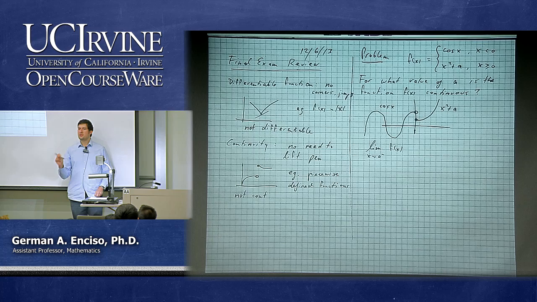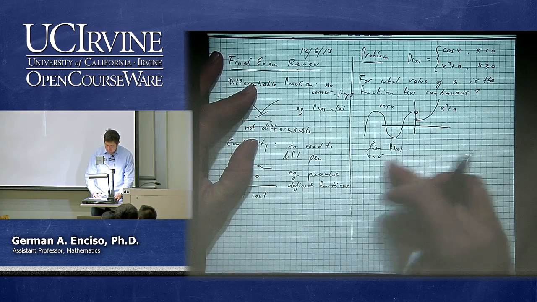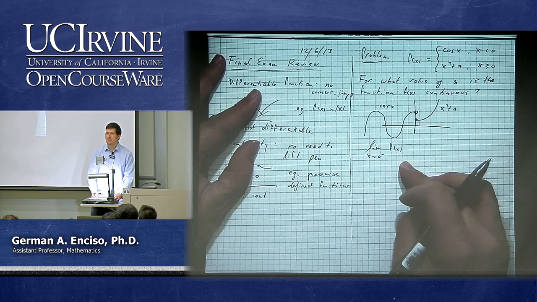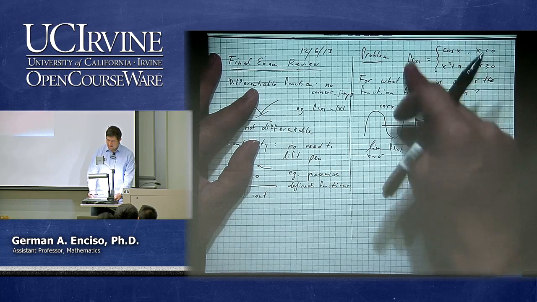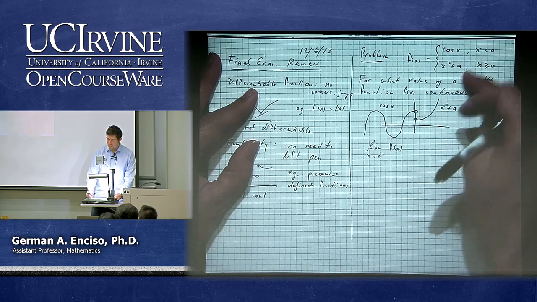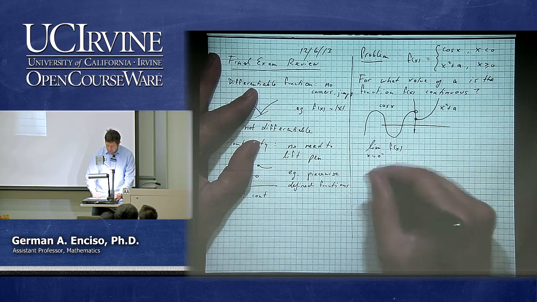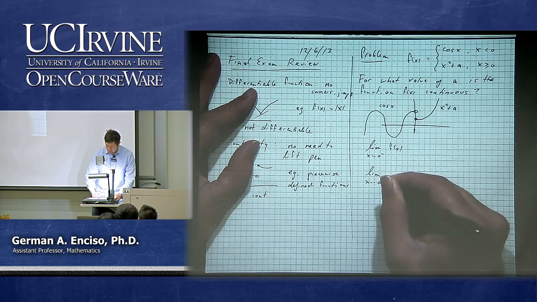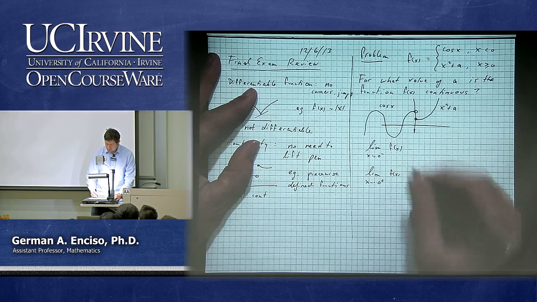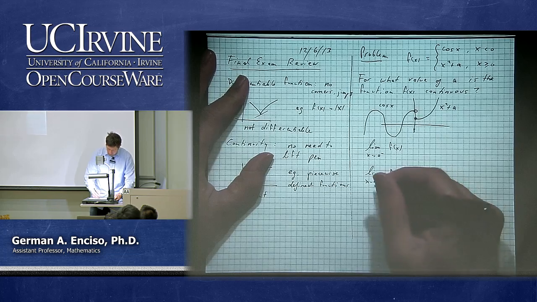So we want to study the continuity specifically at 0, right? So we want to calculate the limit as x goes to 0 of f of x. But what happens is the function has two different definitions, one from the left, one from the right. So we're going to break this down into the limit from the right of f of x and the limit from the left.